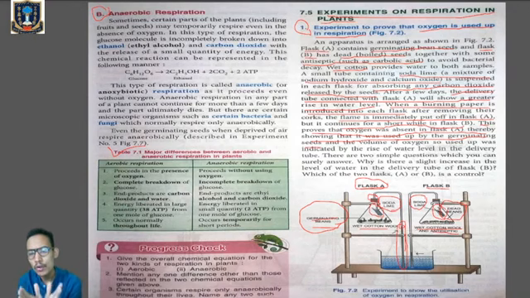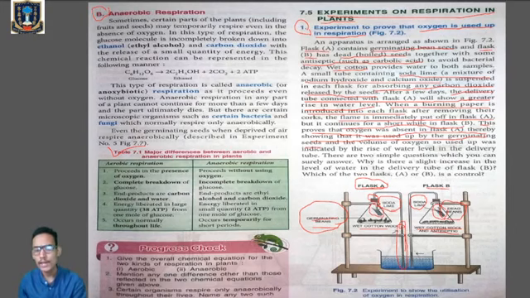So when they do not germinate, the oxygen will not be utilized. So in the presence of oxygen in flask B, the burning flame will burn for a short period of time. Clear? But in flask A, since we have used germinating seeds, and since the seeds germinate, they use the oxygen for germination. And since oxygen is used for germination in flask A, in the absence of oxygen the burning paper will not burn even for a short period of time.